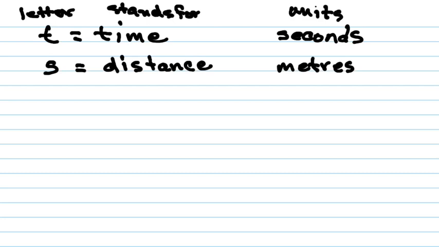So it's always given as some measurement of distance and time, and that's called velocity. So V stands for velocity. And it's really important that we know these terms. And velocity simply means the change in distance with respect to time.